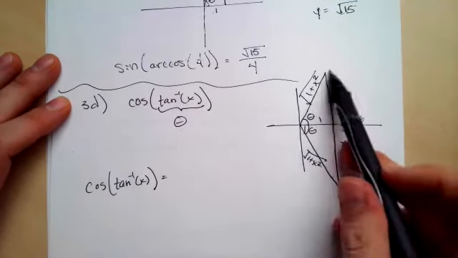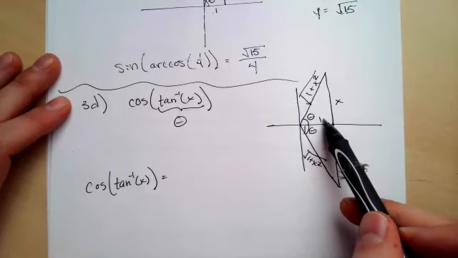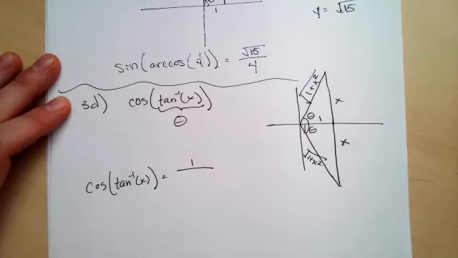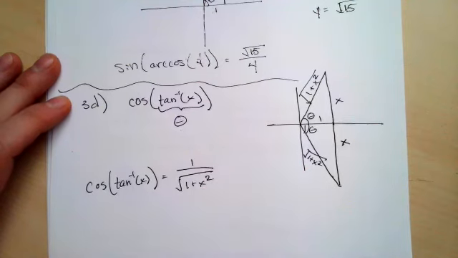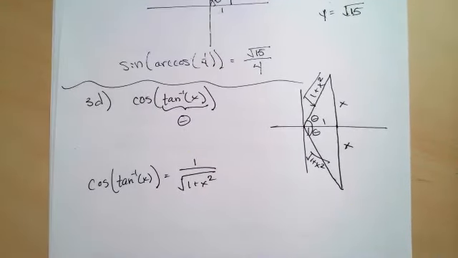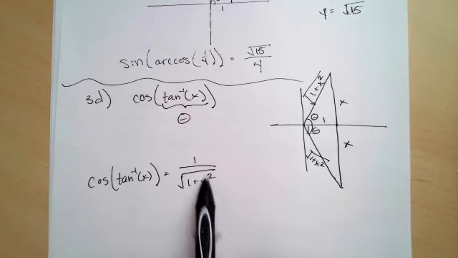It doesn't matter if the angle was in the first quadrant or the fourth quadrant, because cosine is going to give me the adjacent side of 1 and the hypotenuse of square root of 1 plus x squared. And this is how we would simplify that. Notice there's no more trig. We essentially just have a rational expression in terms of x. Any questions?